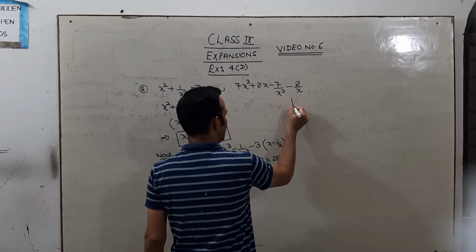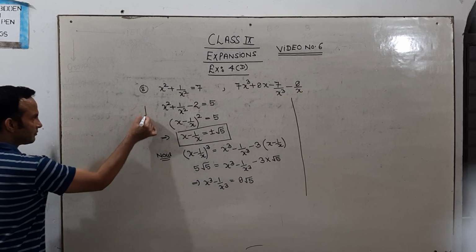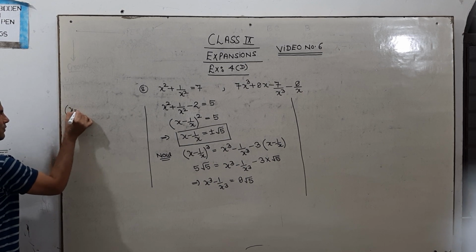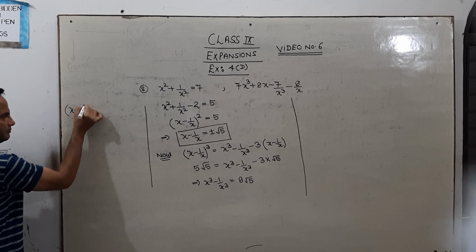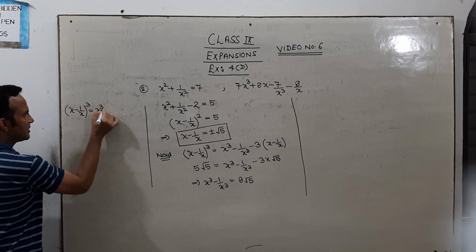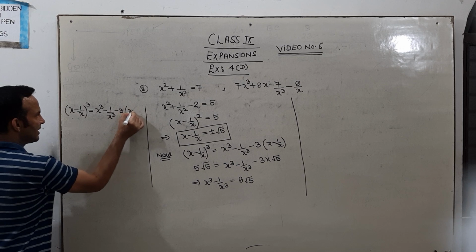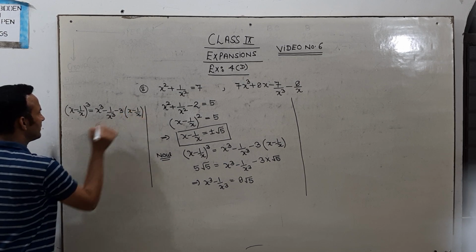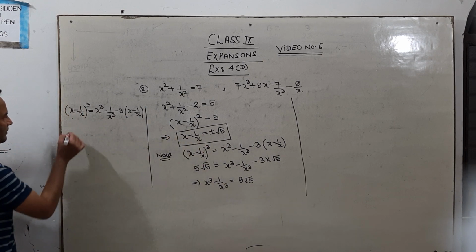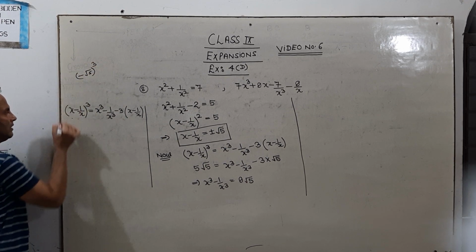So, see the second part also. The value of x minus 1 upon x whole cube is x cube minus 1 upon x cube minus 3 into x minus 1 upon x. Now, when the value of x minus 1 upon x is negative root 5, negative root 5 whole cube, okay, this is what?